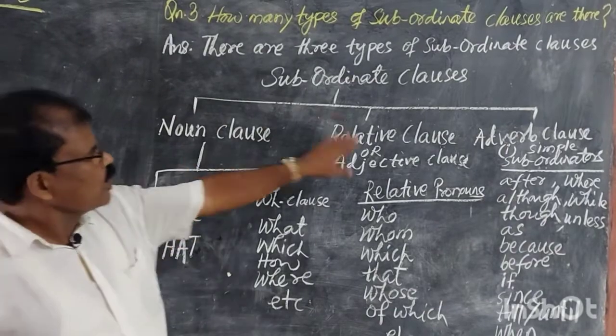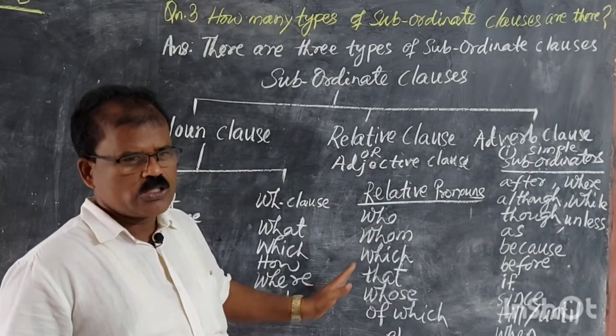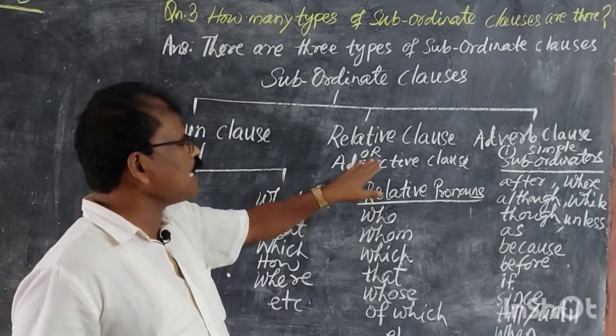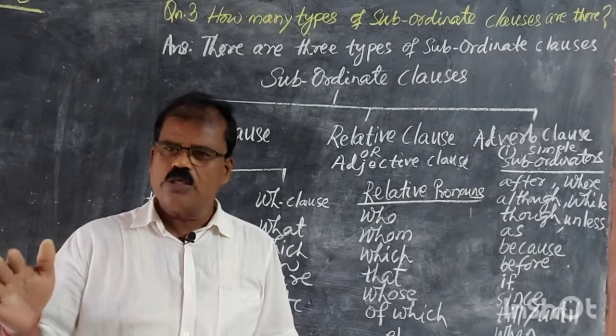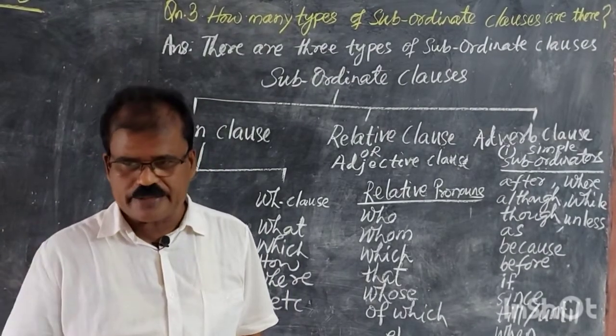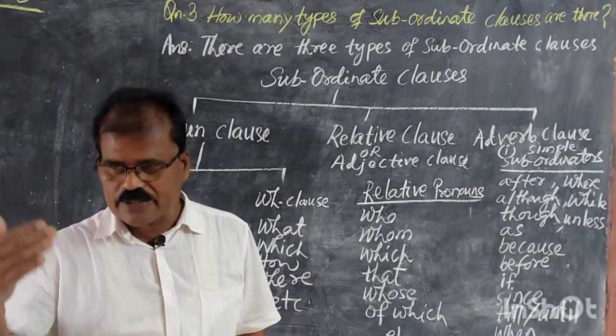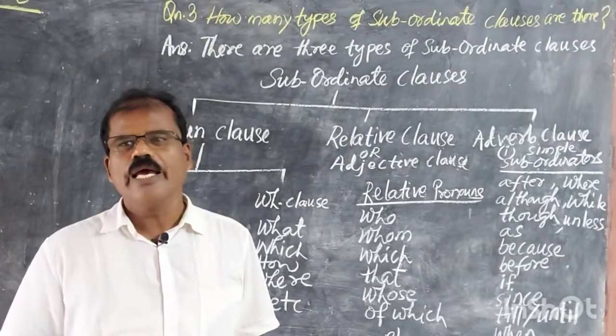Now, the other type of subordinate clause is a relative clause. The other name of relative clause is adjective clause. When a clause acts as an adjective, a noun modifier, modifies the noun phrase, that is called a relative clause.